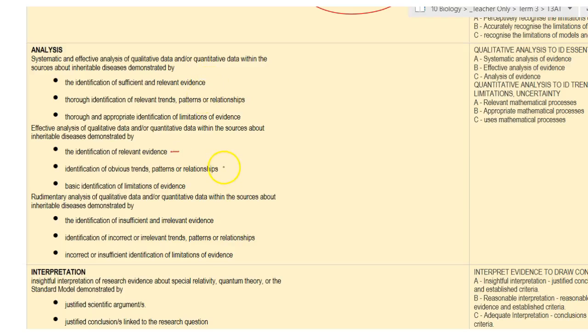How well you identify trends and patterns and relationships. Now that's in the pedigree, that is in the Punnett square. All of those, you have to identify relationships and patterns in there and predict what their children will be. And if you take your research a little bit further, you can actually identify multiple ones, but they have to be based on credible possibilities.